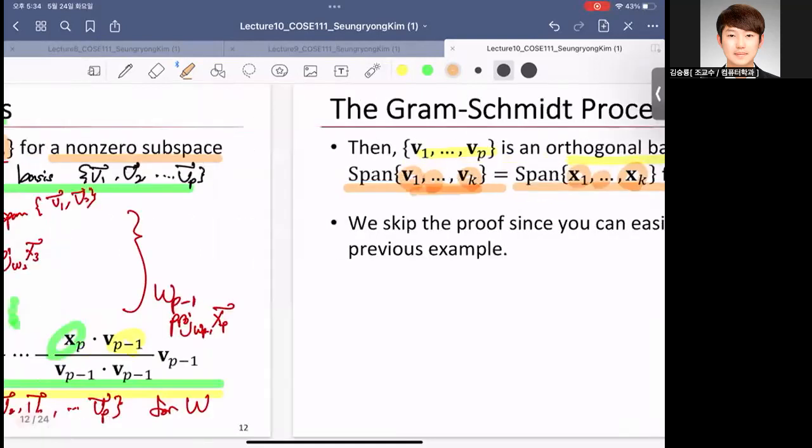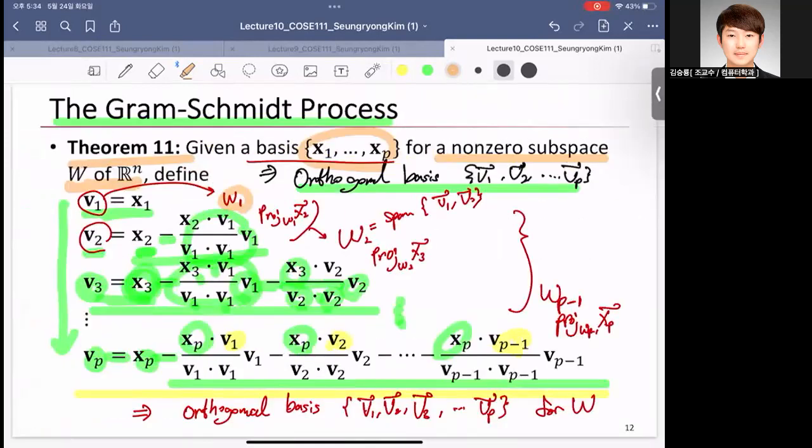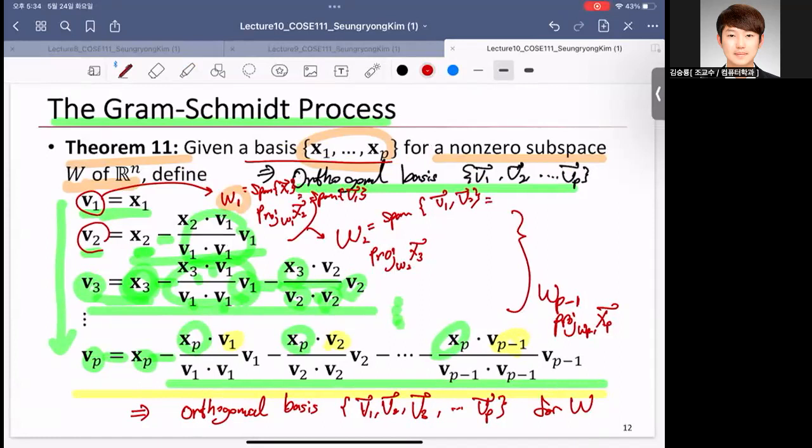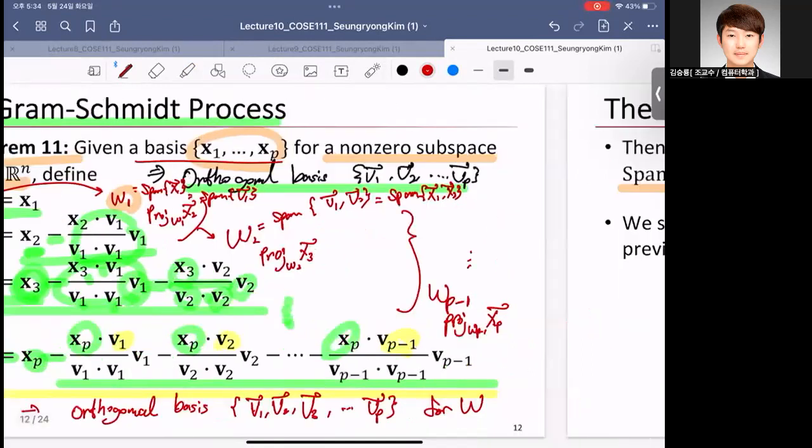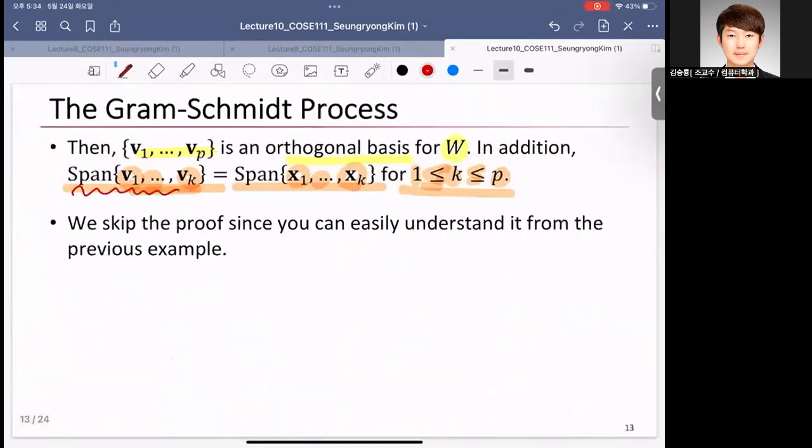In other words, W1 is spanned by V1, which is spanned by x1, and W2 is spanned by V1 and V2, which is spanned by x1 and x2. Similarly, we can derive this one.